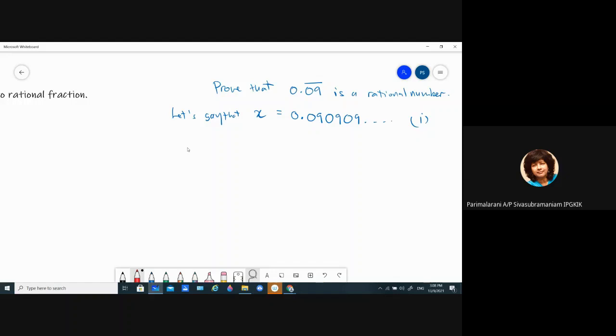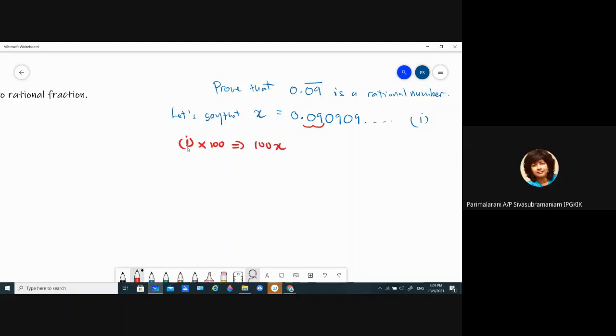Which number is repeating? 0.9. So we want to bring this decimal to the end of the repeating section here. To bring the decimal here, what must we times with? 100. Yes, so equation 1 times 100.